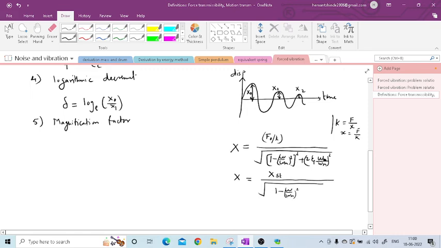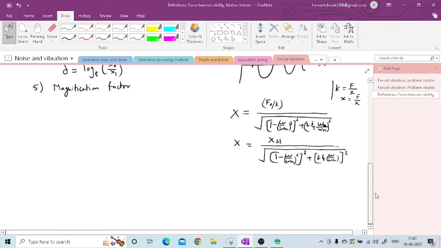So I have modified the formula for amplitude of forced vibration by replacing F0 by k. Okay, and that term is xst. Now transfer this xst to this side. So x divided by xst is equal to 1 divided by this root.